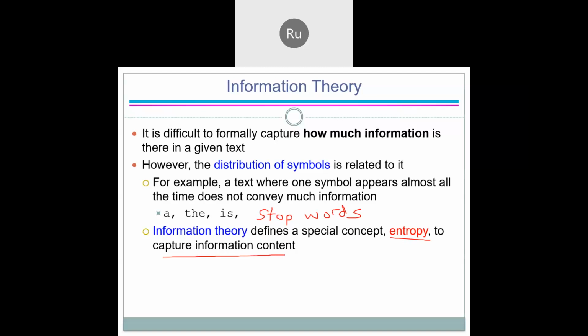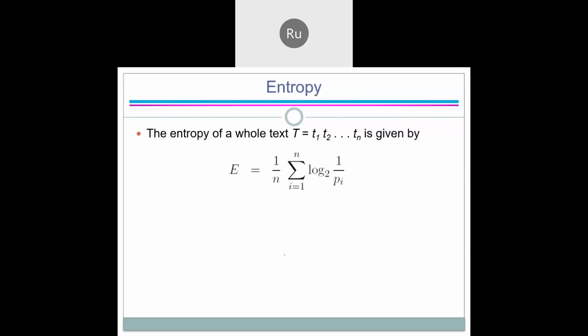So what is the formula for this? The entropy is defined by log base 2 of 1 over the probability of that particular symbol existing.